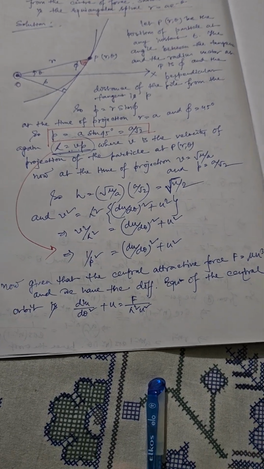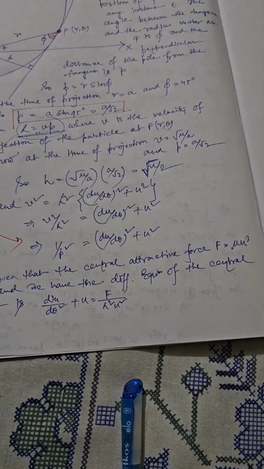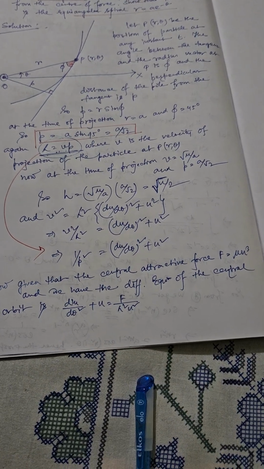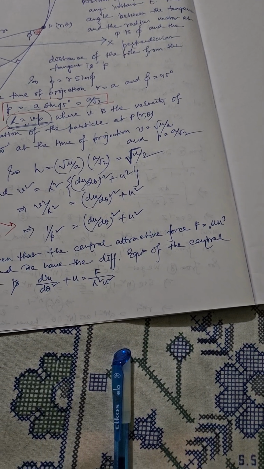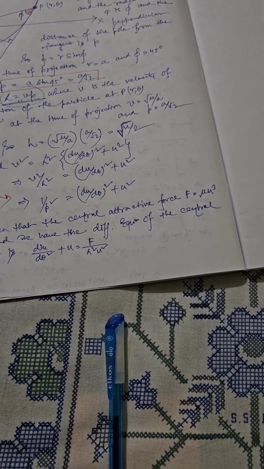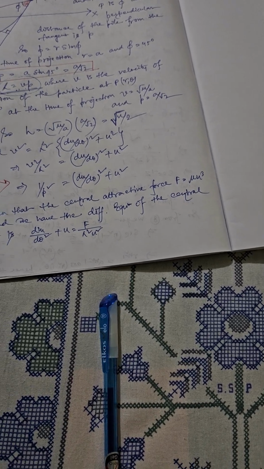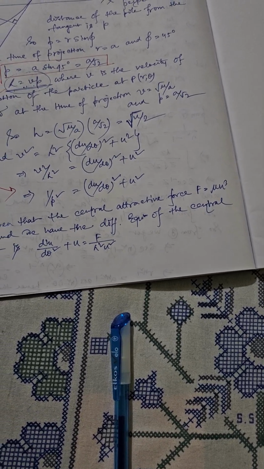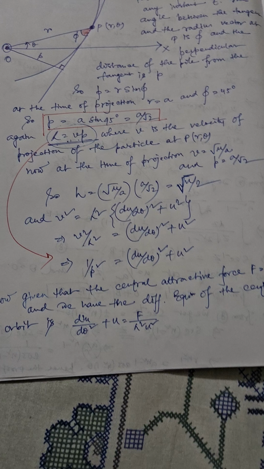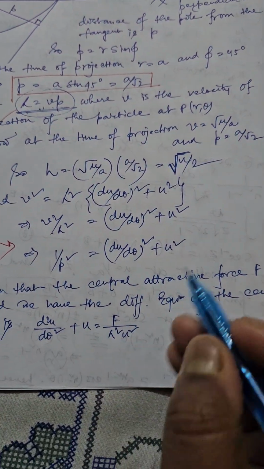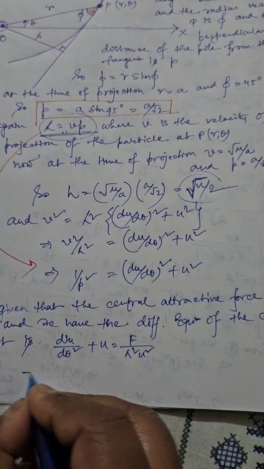This is the formal definition we have derived in our class, so we need to put all these values right now. d2u d theta 2 plus u, no need to change this expression, simply we have to use the expression for f, and you know the value for h also, already we have proved this one.